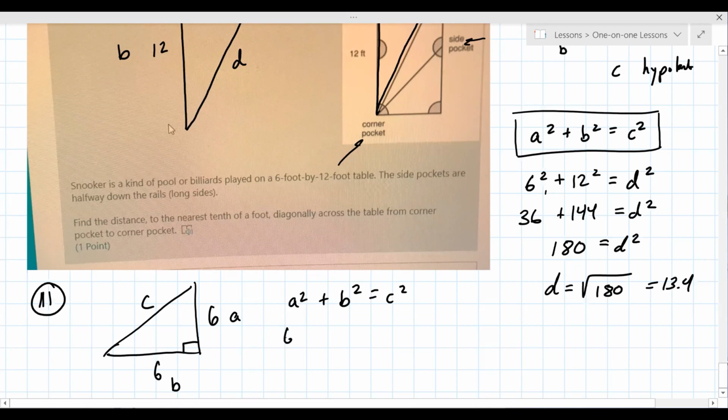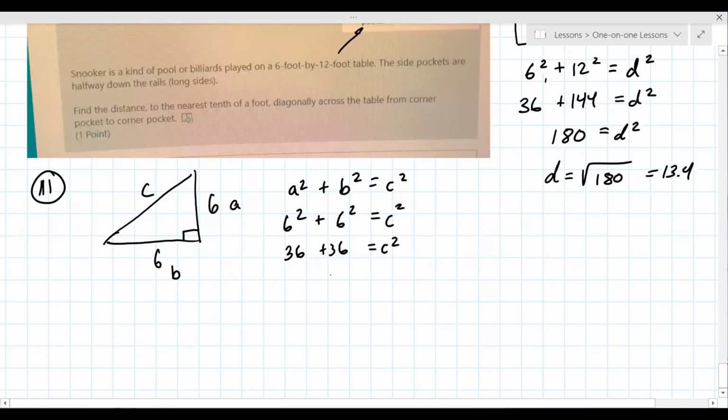Your A is 6, your B is 6, and your C is what you're trying to find. 36 plus 36 equals C squared. So 72 equals C squared. C is equal to the square root of 72. I apologize if it seems like I'm rushing. It's because I want to make sure you get this problem in before our time is over. The square root of 72 is 8.5.